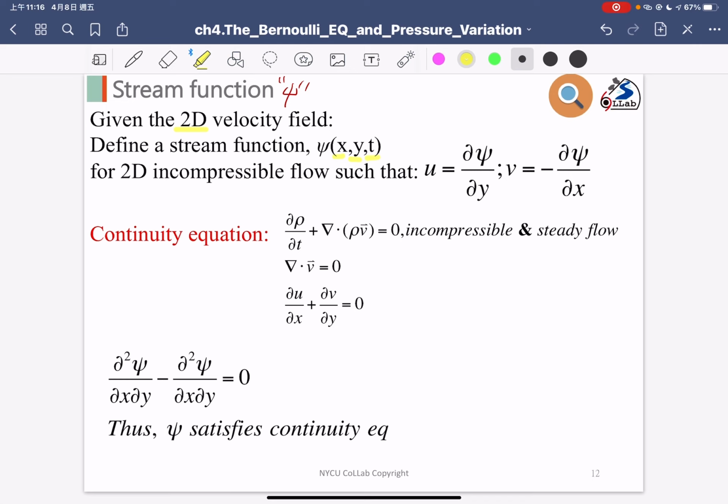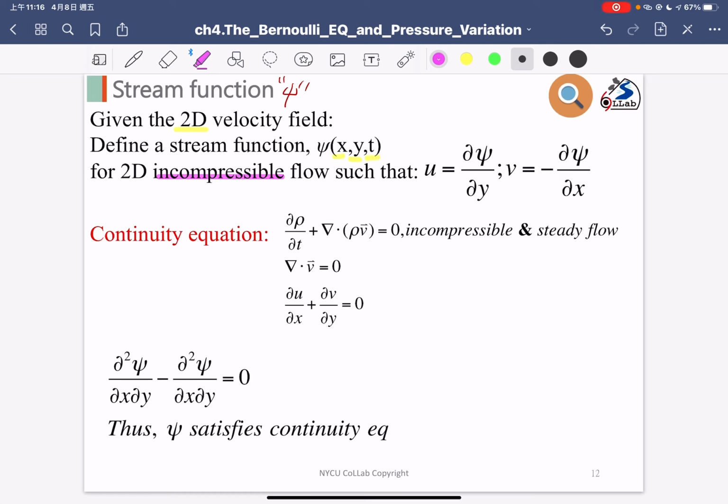And one very important assumption: I assume the 2D flow is incompressible flow. That indicates the density doesn't change, right? Because incompressible, 不可压缩, so the density doesn't change.